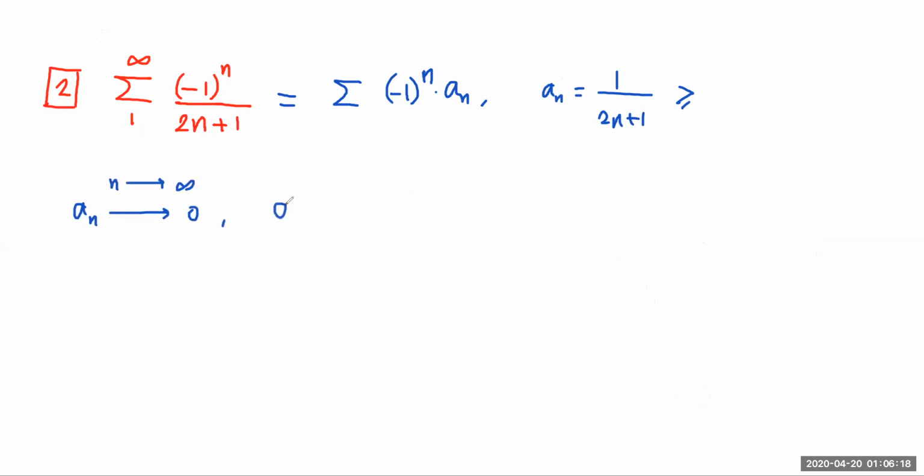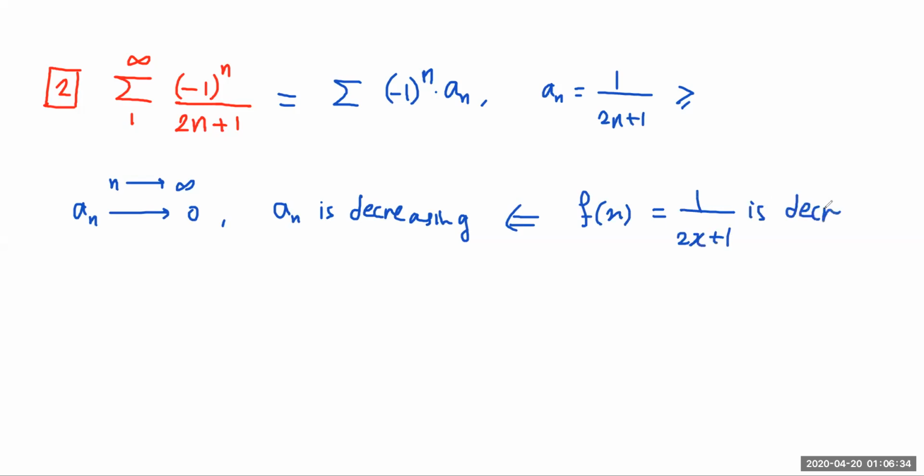And an is also decreasing, because the function f(x) equals 1 over 2x plus 1 is decreasing on the interval from 1 to infinity, because here it starts from 1.